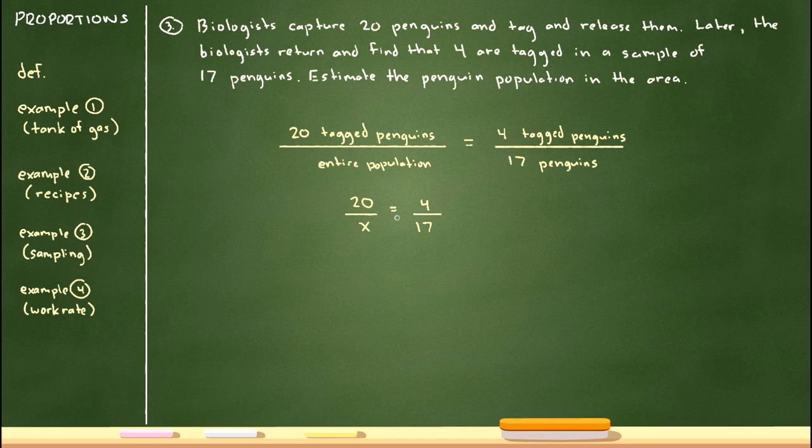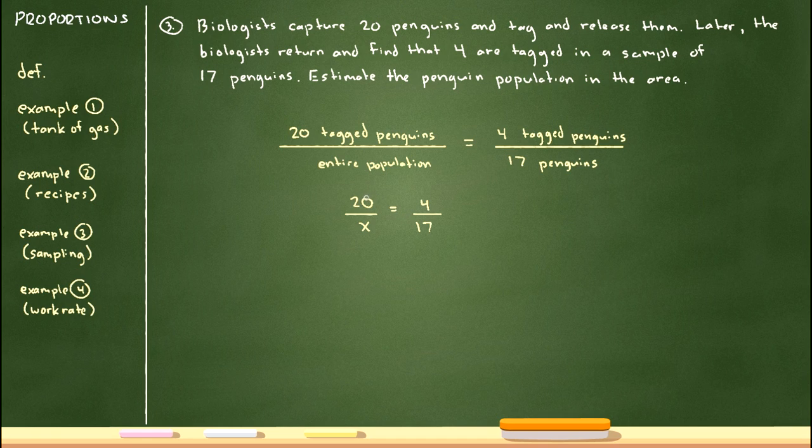So one phrase you may have heard at this point is cross multiplication. Now, cross multiplication only works really when you have a ratio like this equal to another ratio. It's not any magical trick or anything. It's really just following the basic rules of equation solving.